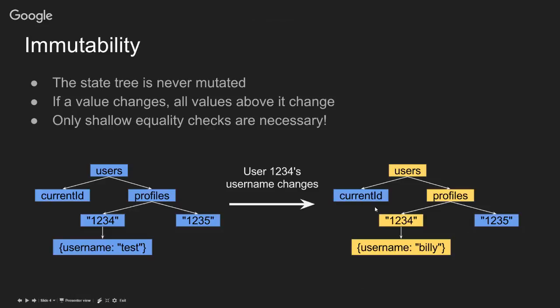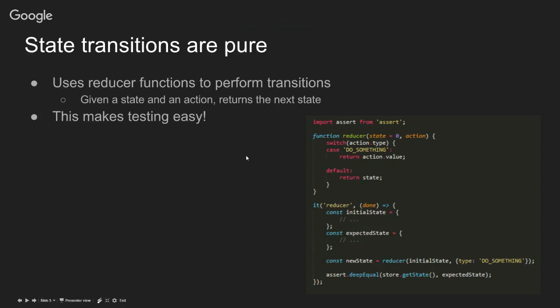So if you have something that's displaying a profile picture for user 1235, and user 1234 changes, then user 1235 will not have changed. So you can just use triple equals for equality checking. You don't need to check recursively for deep equals and all that other stuff. Even then, you can use React pure components, which are awesome because they do that all automatically.